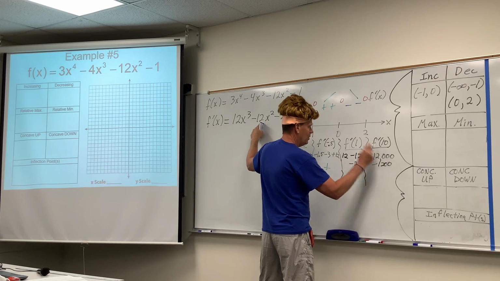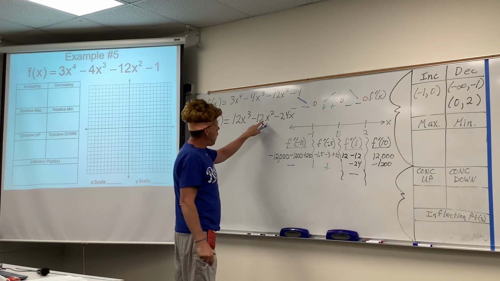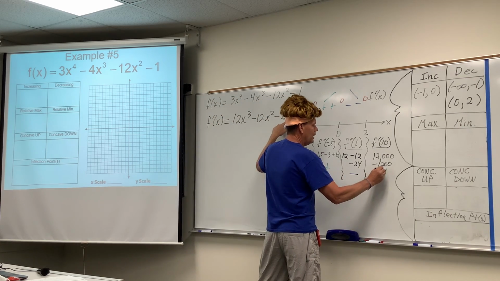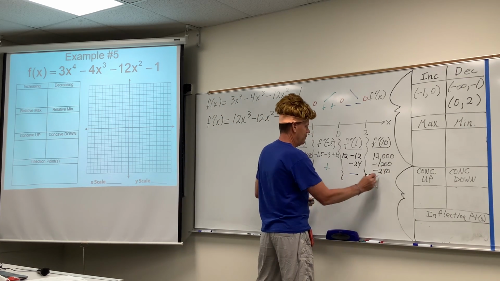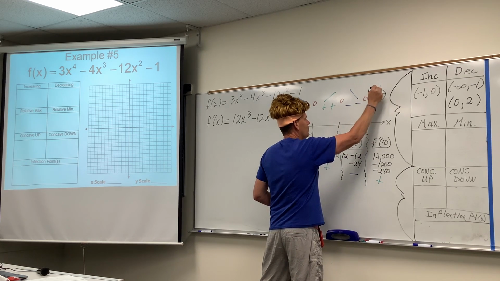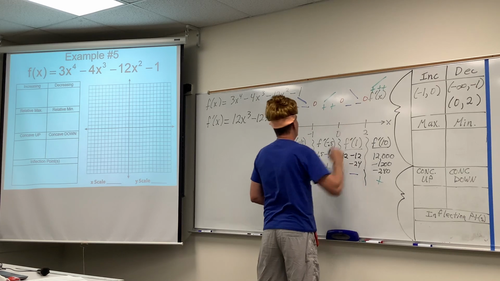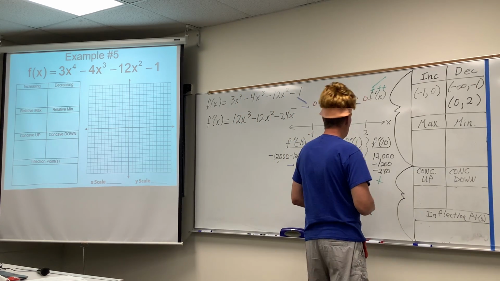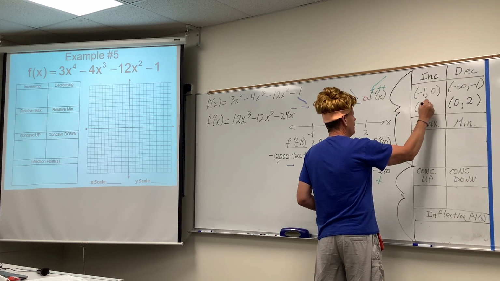That could be working these in columns, I guess. And negative 24 times 10 is negative 240, and that's all going to come out to be positive. So, again, we have that alternating pattern, but I always tell people don't depend on that. Down, up, down, up. All right, so wouldn't it be increasing from 2 to infinity?